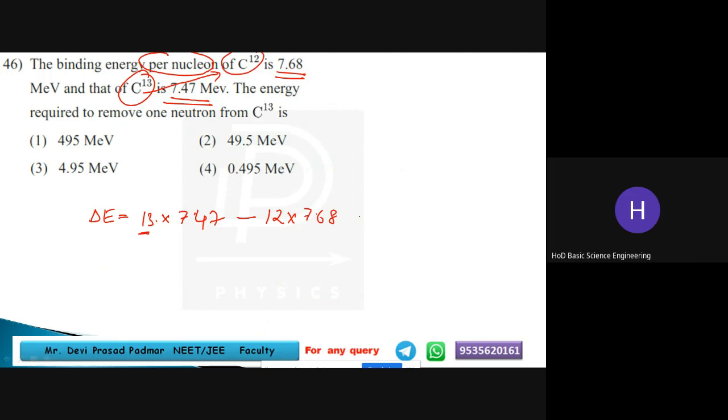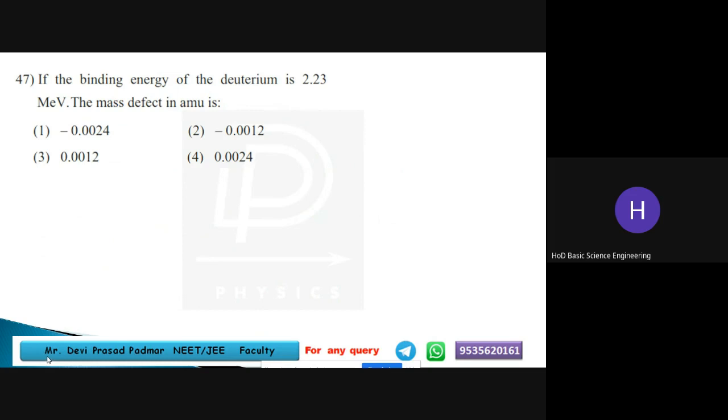Just simplify this. 4.95 mega electron volt you must get. This is direct conversion. Delta M is nothing but 2.23 divided by 931. You know how to convert, right? 0.0024.